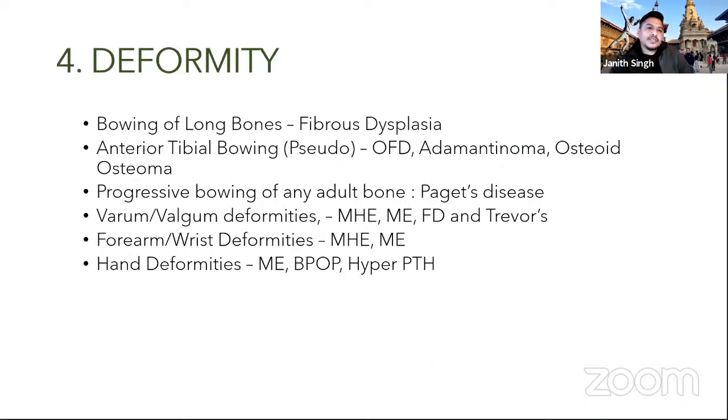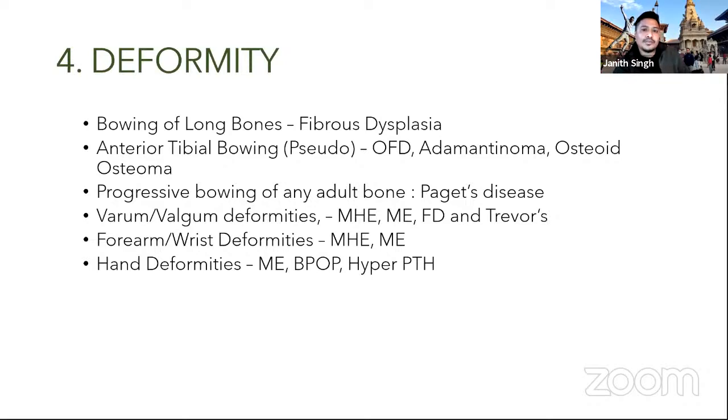Now, deformity. Sometimes bone tumors can cause deformity as well. We all know fibrous dysplasia can cause bowing of long bones. The famous shepherd's crook deformity is usually caused by fibrous dysplasia. There might be anterior tibial bowing. The entire tibia may not be bowed, it's just that the anterior cortex is bowed.